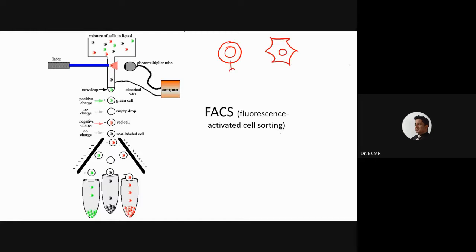The stem cell may have an antigen A, and the differentiated cell may have a receptor or cell surface protein called B. So I would raise antibodies against it. How would they do it? They usually collect some proteins and inject them into a horse, or guinea pigs and many other animals. The horse will raise antibodies against the protein.